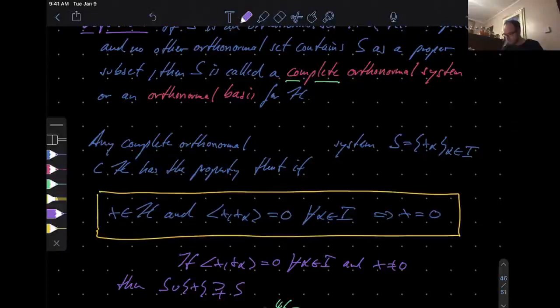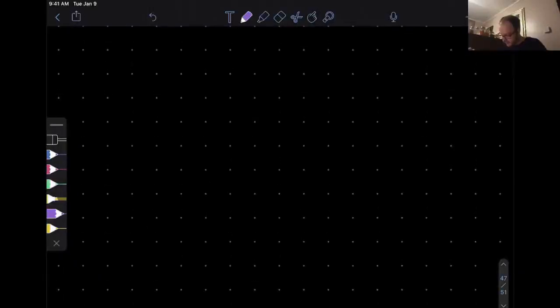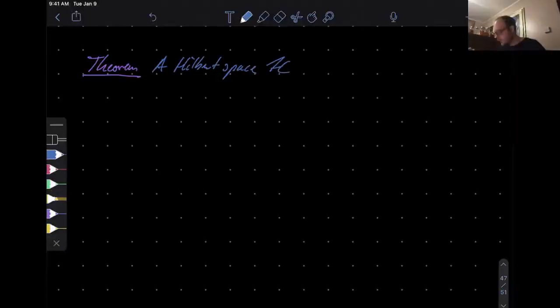Good. Now, the big theorem about these orthonormal systems. This is the existence theorem, but the proof is highly non-constructive. A Hilbert space H, it shouldn't be trivial, so there should be at least one non-zero vector in there.